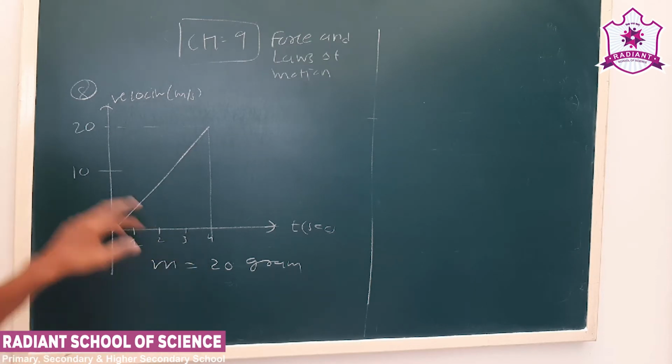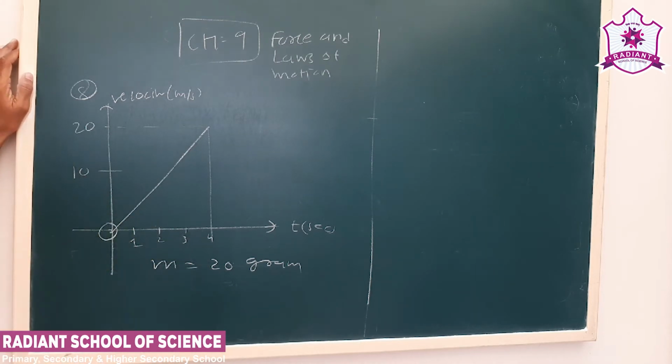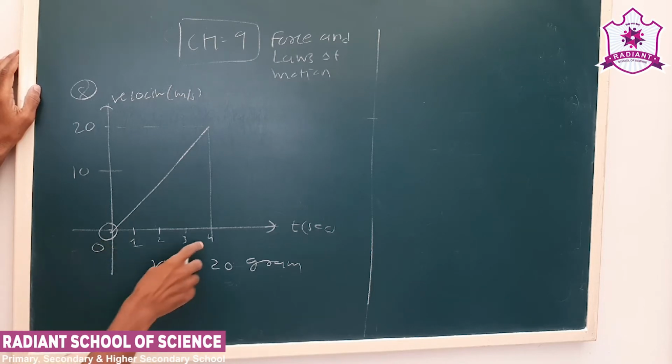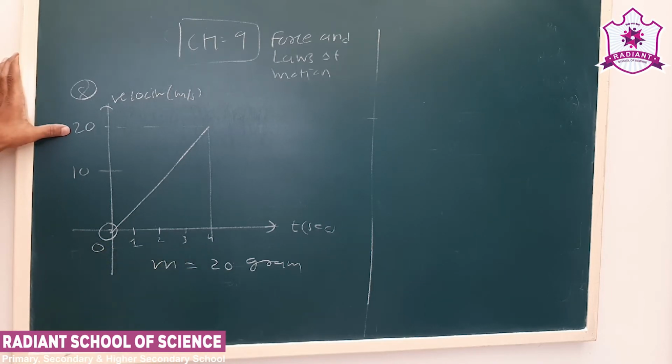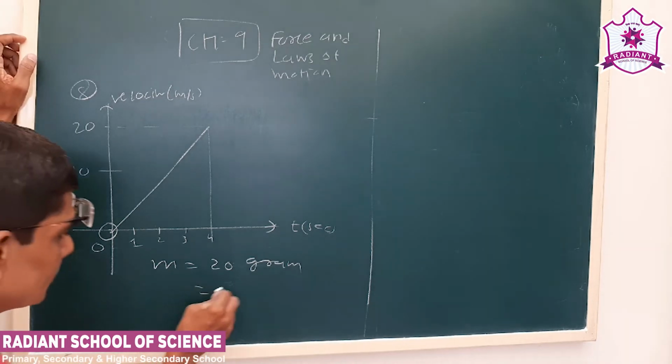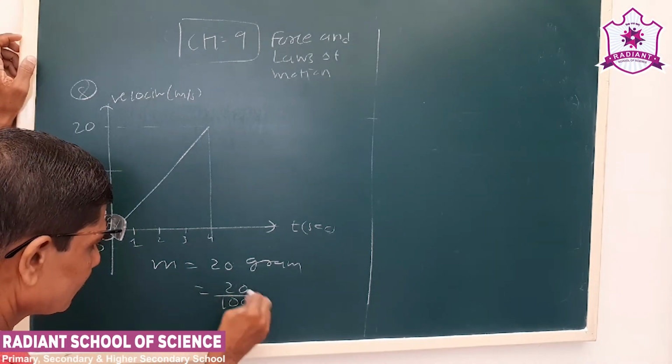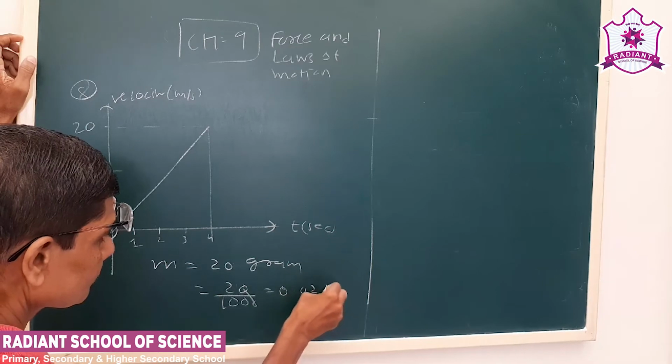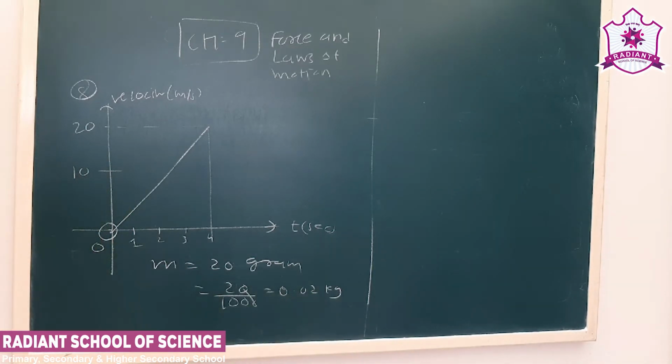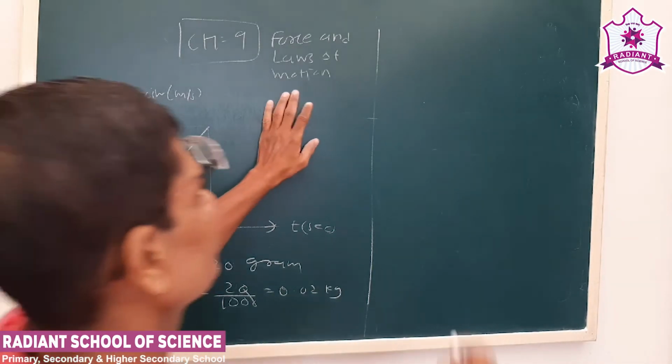At t is equal to 0, the velocity is 0. At t is equal to 4 seconds, velocity is 20. So we have to find out the force acting on the ball. Now 20 upon 1000, that is the mass of the ball. Now the acceleration.